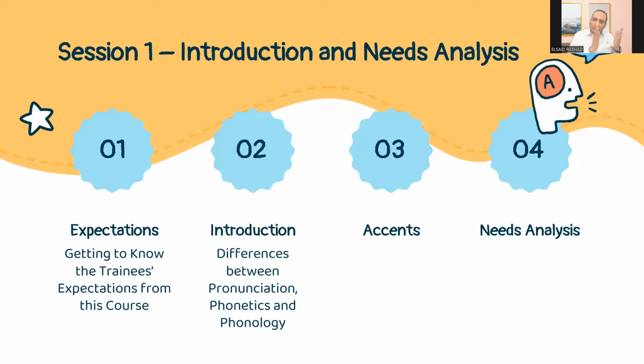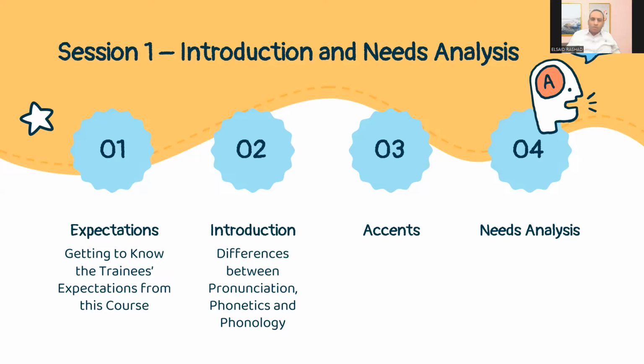They are phonetics, and they call them the segmental features. Okay, so phonetics are segmental features, and the phonology, stress, intonation, and connected speech features are suprasegmental features. And the umbrella term is pronunciation. So pronunciation is a broader term.